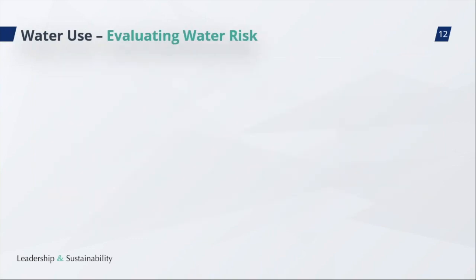And there is a question in the Higg FEM where you should also evaluate your water risk. And in order to do so, the Higg FEM asks you to use one of the two tools that you can see here, the WRI, the World Resources Institute, and their Aqueduct tool, or the Worldwide Fund for Nature and their Water Risk Filter.